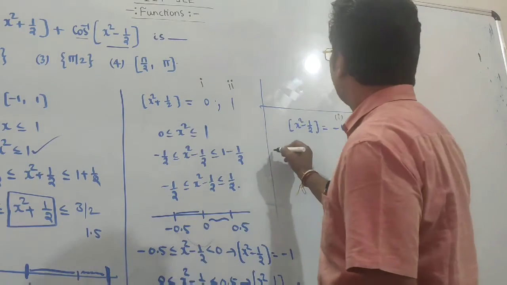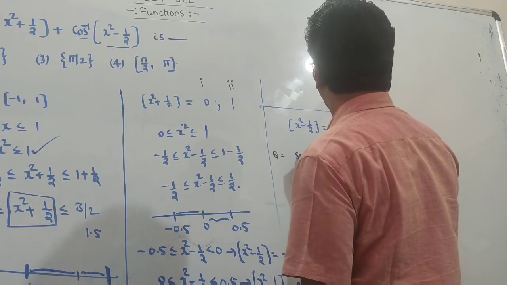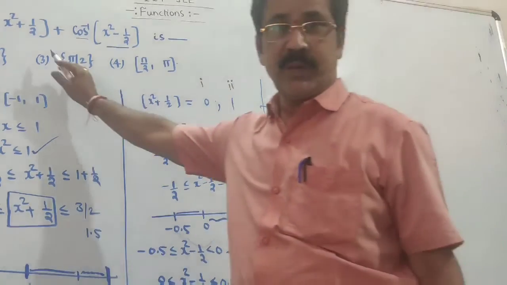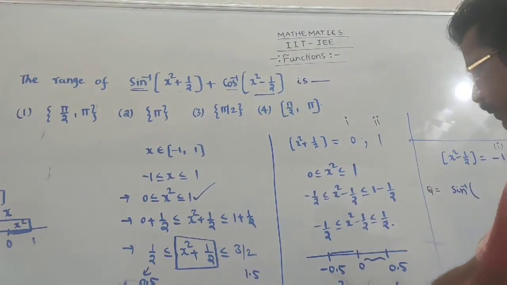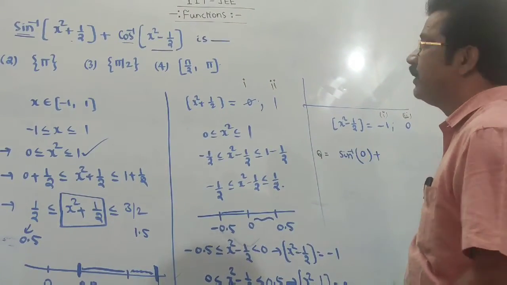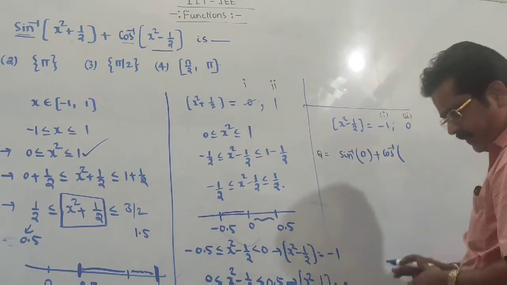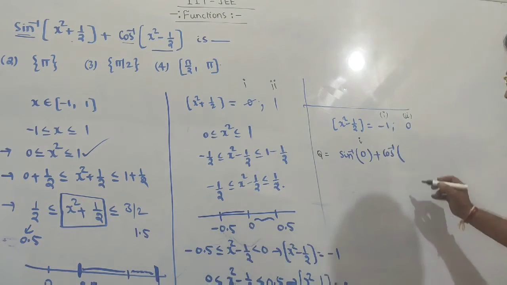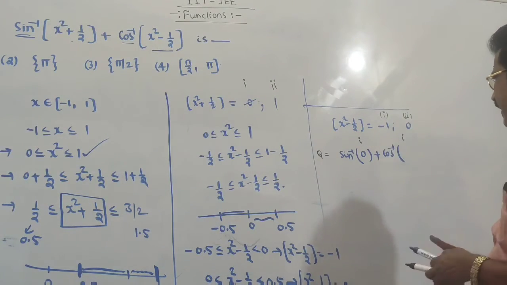Now the question is to find the range of sine inverse of box of x square plus 1 by 2 plus cos inverse of box of x square minus 1 by 2. For x square plus 1 by 2, the first case is 0, plus cos inverse of, for which we take the first case, minus 1.